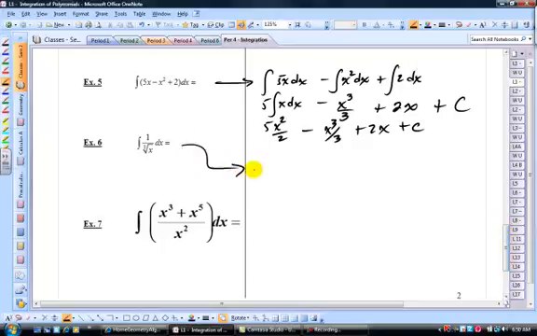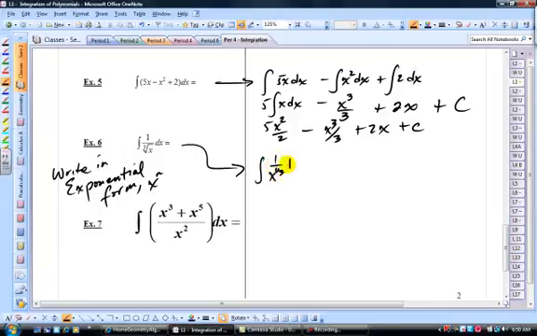Now when it comes to functions like this, what you want to do is write in exponential form. I'm talking about x to the n. So we're going to rewrite the integral as 1 divided by x to the 1/3 power first, and then bring that variable upstairs and write it as x to the negative 1/3 dx, and then kick in your power rule.